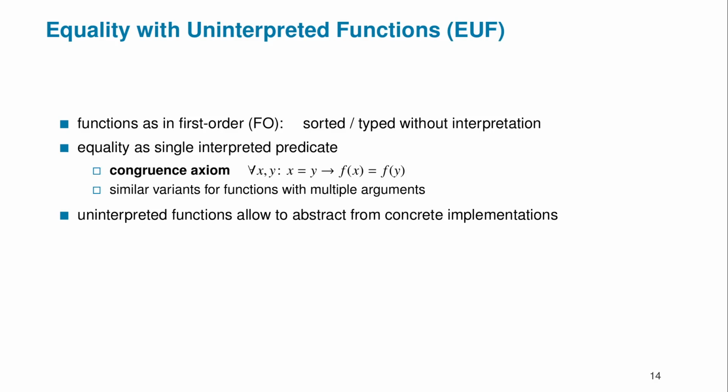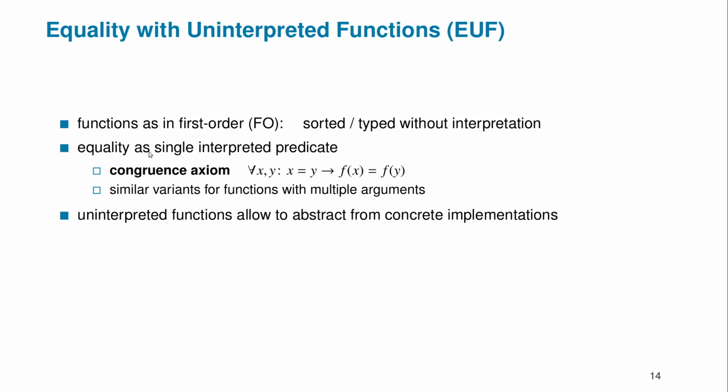And the only interpretable predicate we have in this theory is the equality symbol. And for the equality, we introduce the congruence axiom. So a theory is defined on the one hand based on the elements it talks about, and on the other hand we have some axioms which tell us the rules of the theory reasoning.